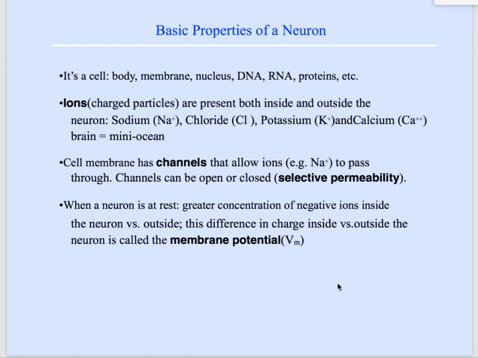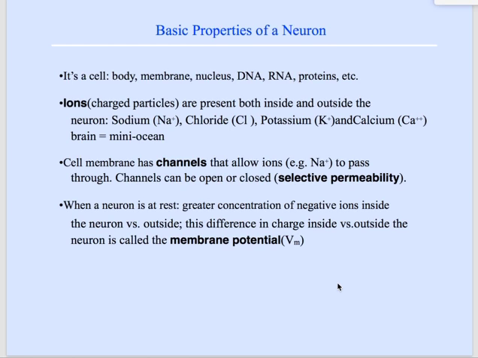So the basic property of a neuron is it's a cell. It's got a body, a membrane, nucleus, DNA, RNA, proteins, etc. Now, maybe some of that stuff doesn't really matter in terms of trying to figure out how a neuron works as a detector. So for some purposes we don't really care about the fact that it has DNA or RNA. Maybe there are other things that are more important.